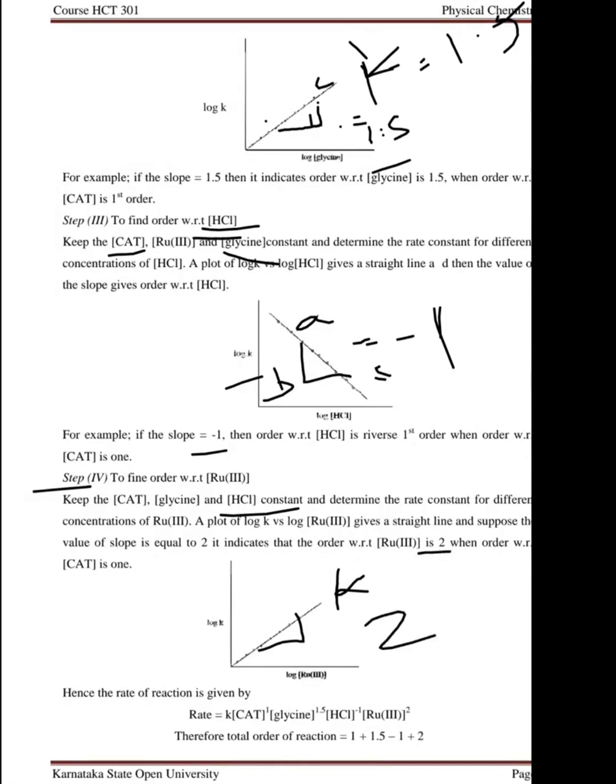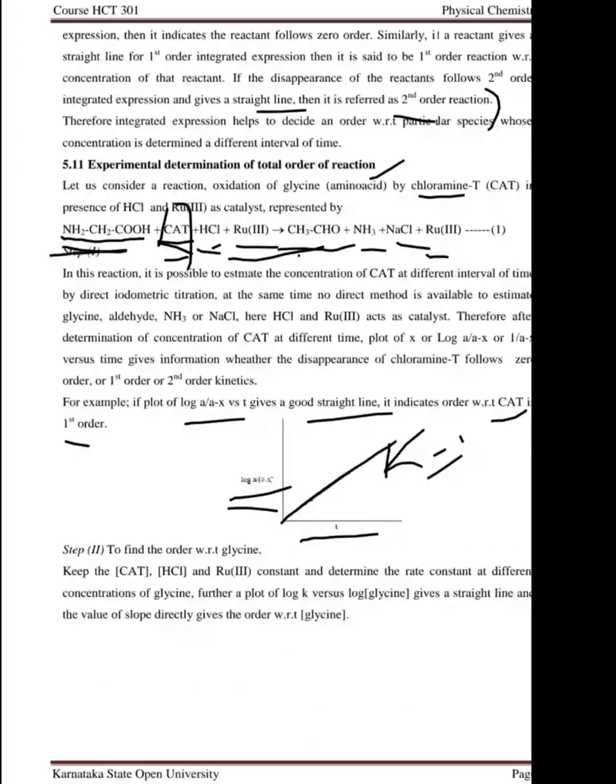So what is the topic here? We are told to experimentally determine the total order of the reaction. Individually, I have identified the order of the reaction for each molecule taking place in this reaction. So independently, we have found each order of the reaction.